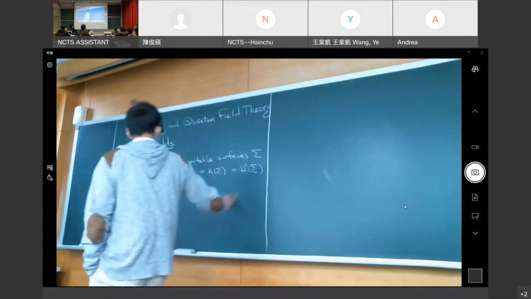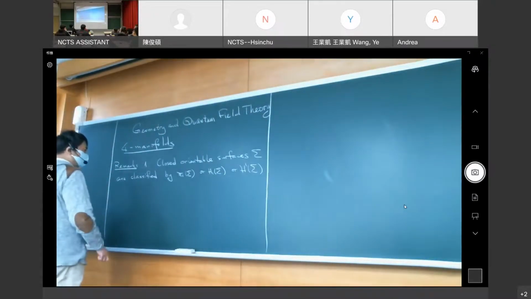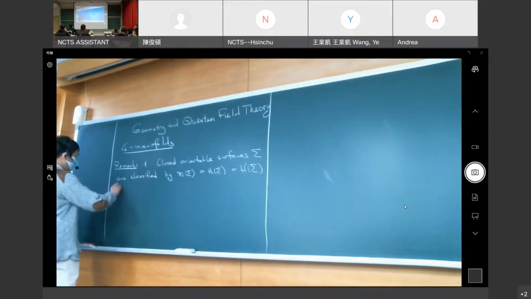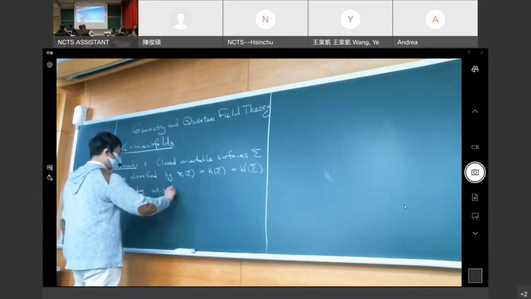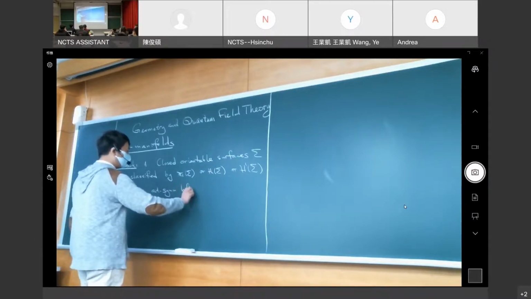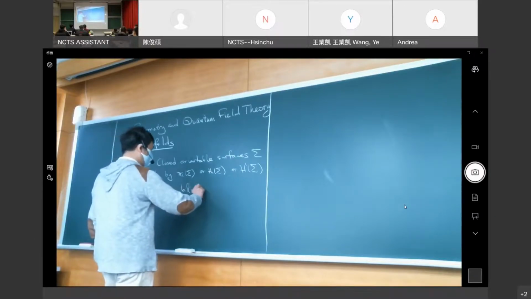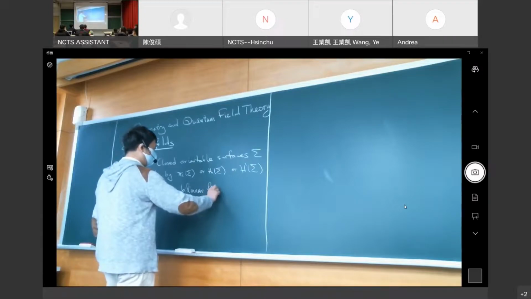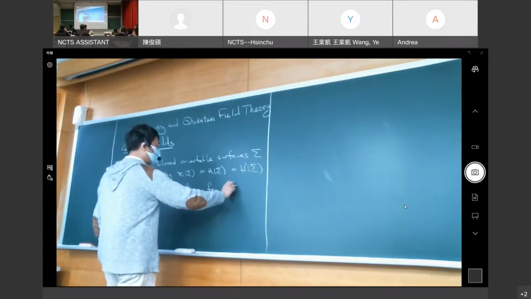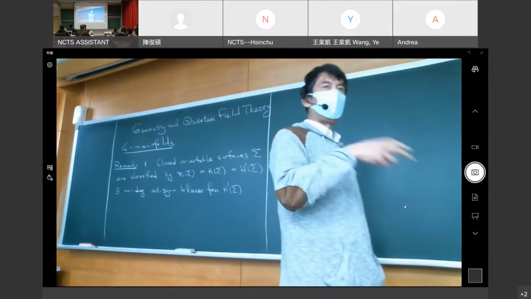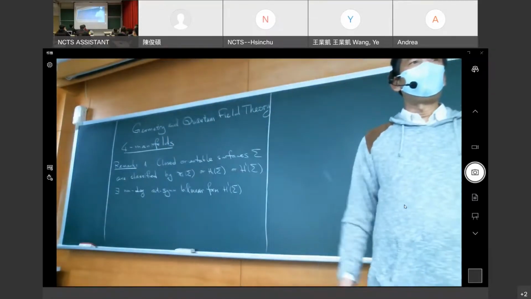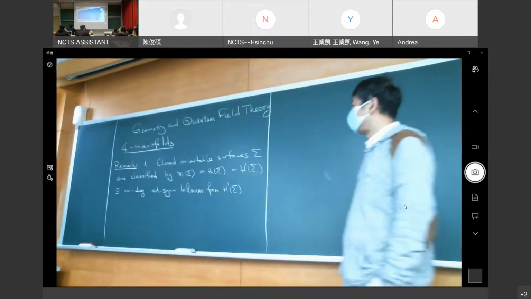This is because, again by Poincaré duality, there is a non-degenerate antisymmetric bilinear form on H1, given by the cup product, then paired with the fundamental class of the surface.